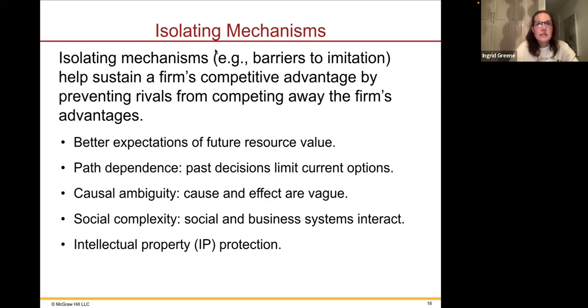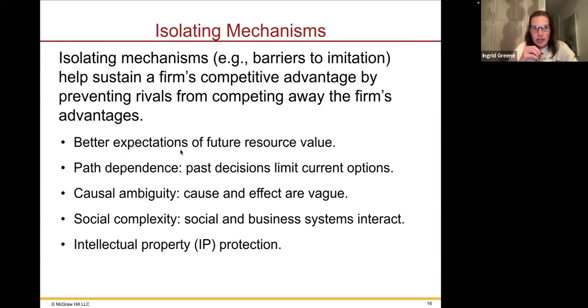Looking at isolating mechanisms, this is all about barriers to imitation. How can an organization sustain their competitive advantage by preventing rivals or competitors from competing away their advantage? The first thing is they can engage with better expectations of future resource value. The example they give here is a land developer.